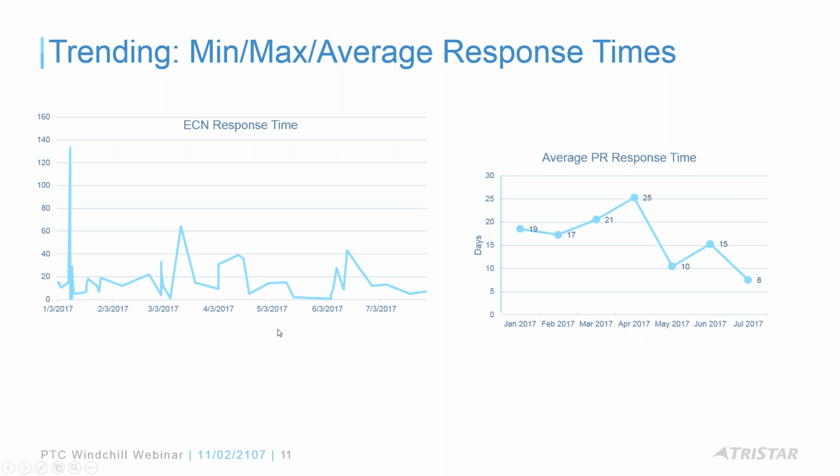And I want to see trending information. So in the past, for that specific product or for that specific design or bill of material, what was the typical response time?